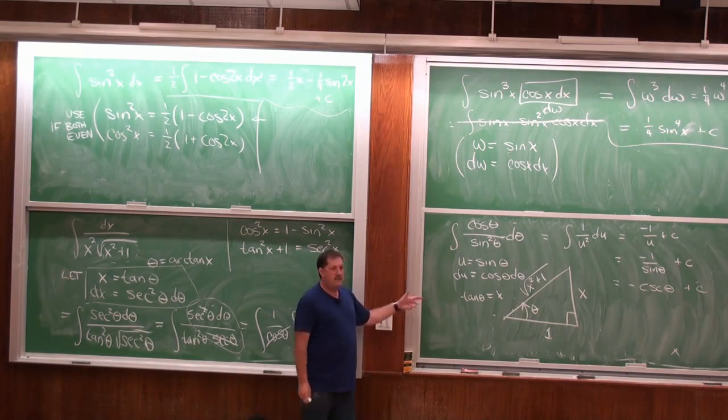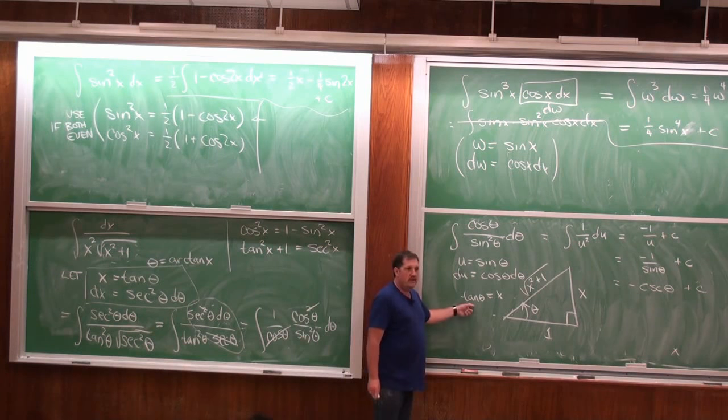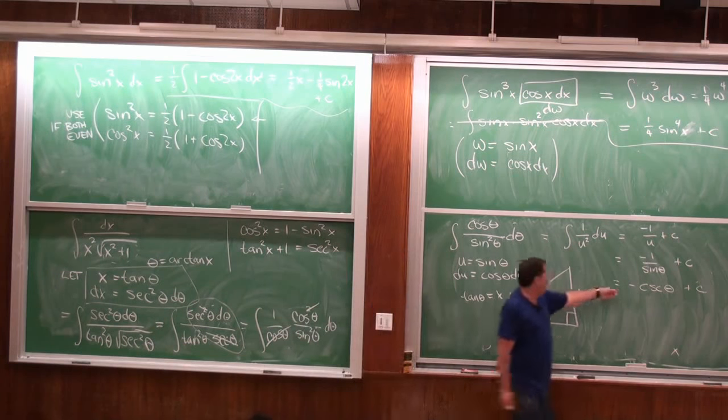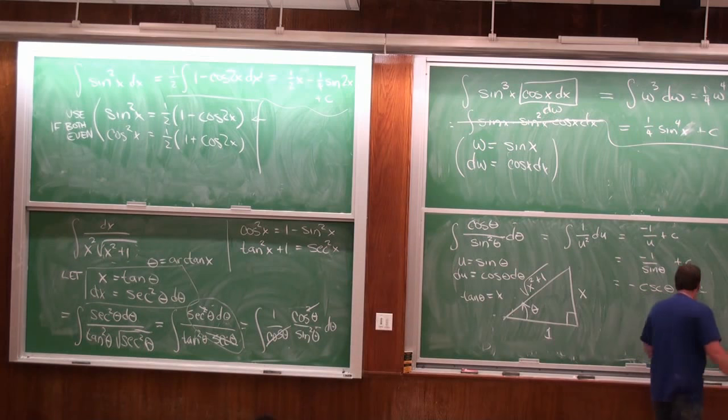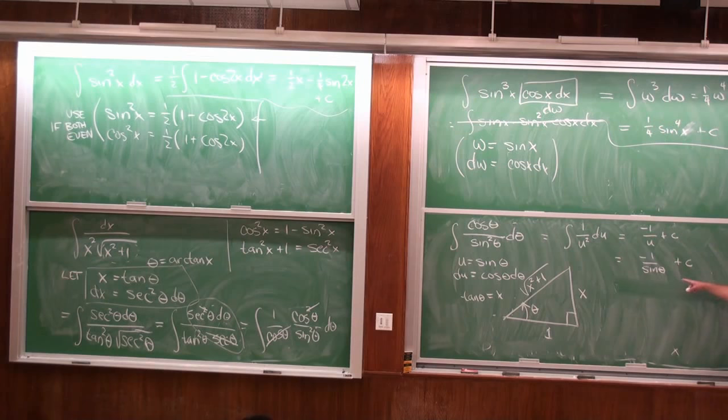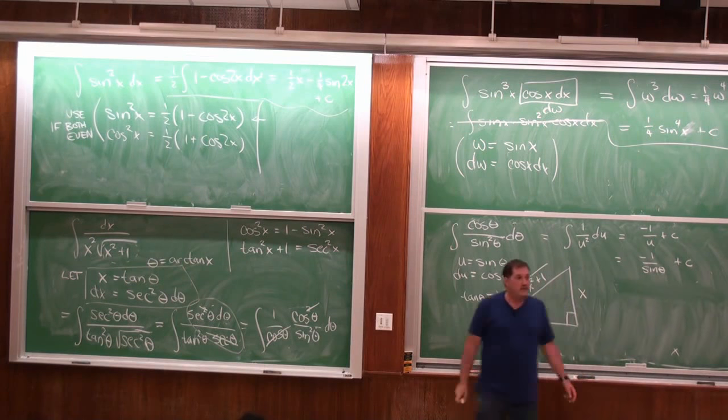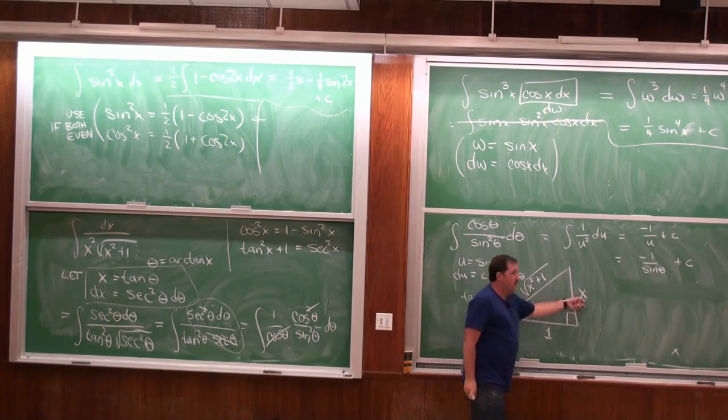Now what I want is not the tangent, I want the cosecant, or 1 over the sine. Cosecant is 1 over the sine. So the sine here is this over this. 1 over the sine is this over this.